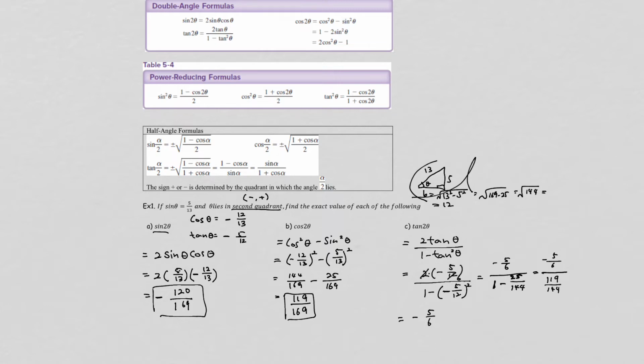So it will be changed to multiplication, flip the second fraction. And when you reduce and multiply, you get negative 120 over 119.